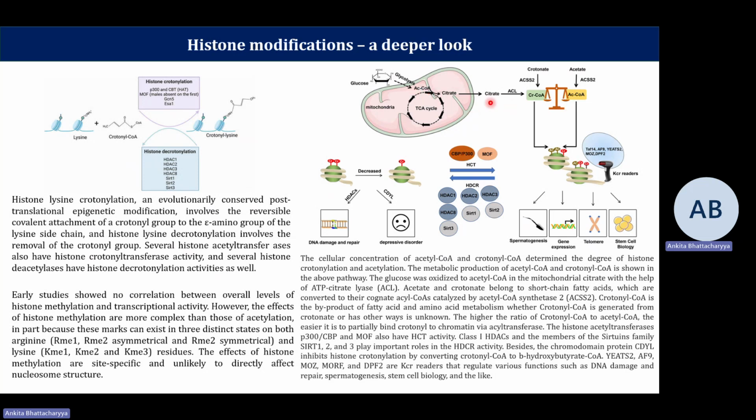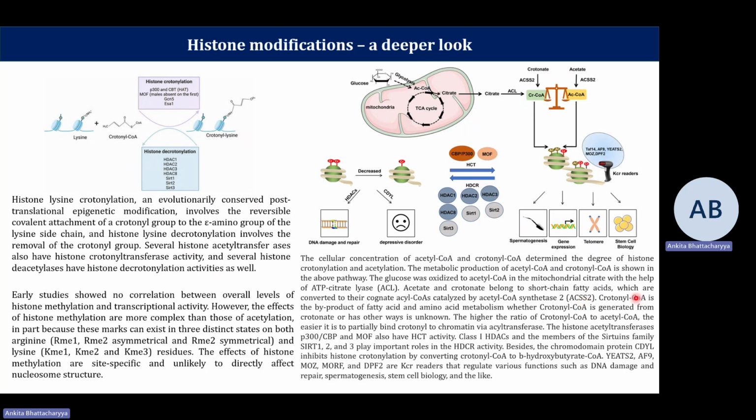So from citrate, which is the byproduct of the TCA cycle, ACL converts it into something which can get modified further. Acetate and crotonate both belong to the short chain fatty acid family, which are converted to their cognate acyl coenzyme A, catalyzed by ACSS2, the acyl coenzyme A synthetase 2.